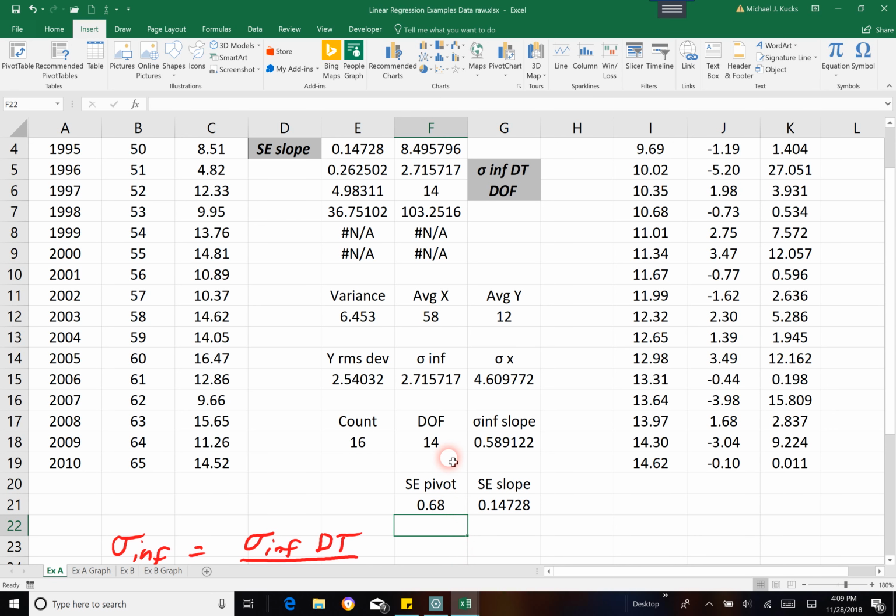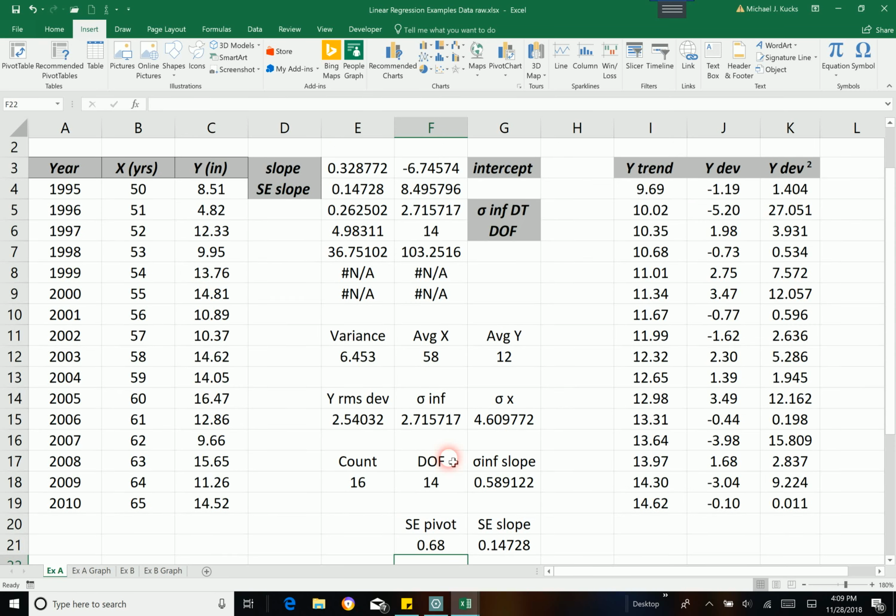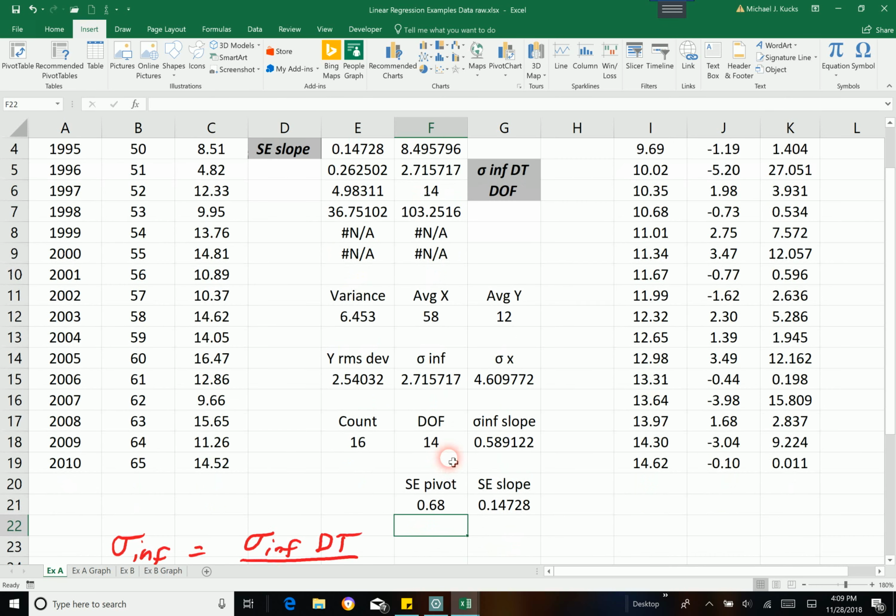Okay, so there's 0.68. Let's get a few more digits in that. Okay, so my pivot point can fluctuate up and down by 0.6789. But it doesn't happen very often, 0.6789.